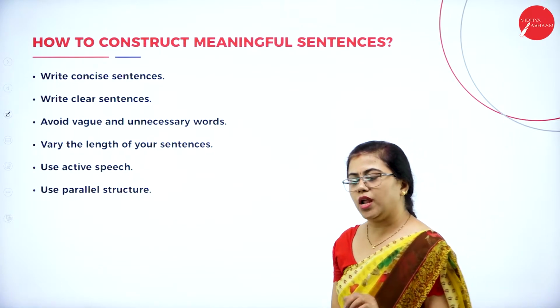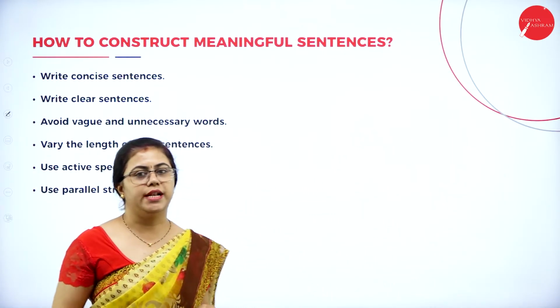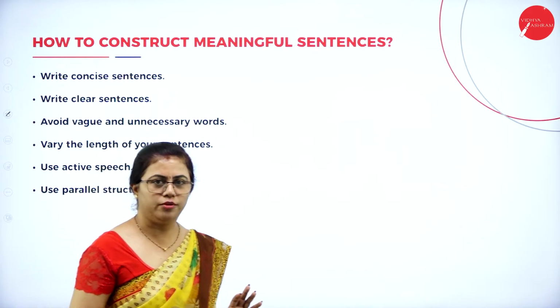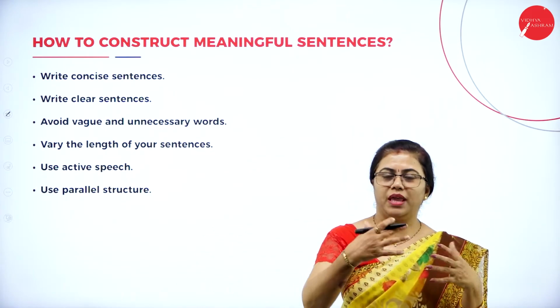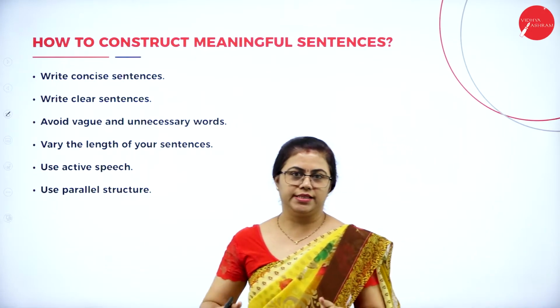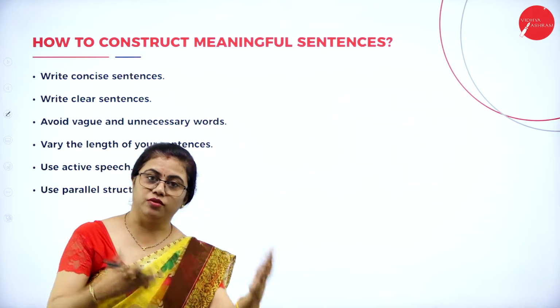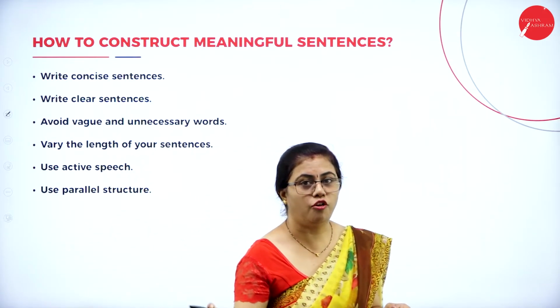Okay, so now we have to understand how to construct meaningful sentences. There are various ways in which you can make a sentence meaningful, from the exam point of view. If you have to make good sentences, you'll have to go through things like the word order: where should a subject be placed, where should a verb be placed, where should an adverb be placed, what is the position of an adjective.